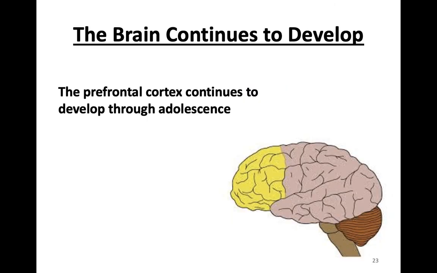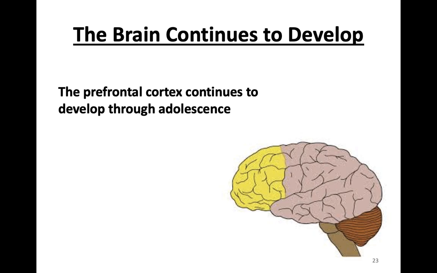I think the last point that I want to make is that our brains continue to develop through adolescence. The prefrontal cortex, which you learned about last week, is particularly involved with things like planning and problem solving, and as we're developing our synaptic connections, this is where the majority of those connections are going to be made through adolescence.